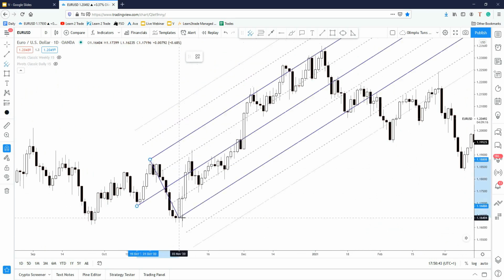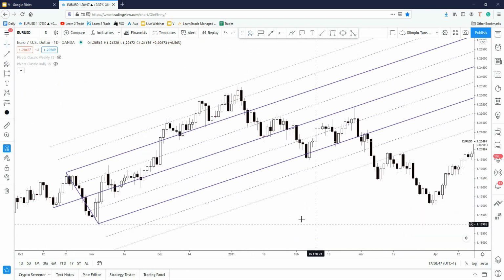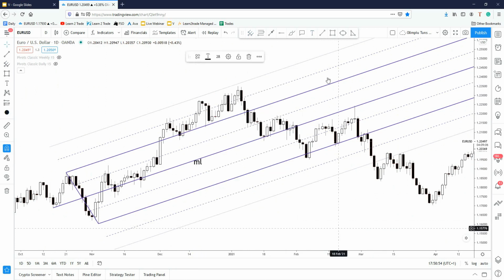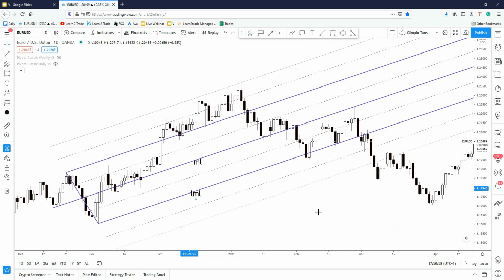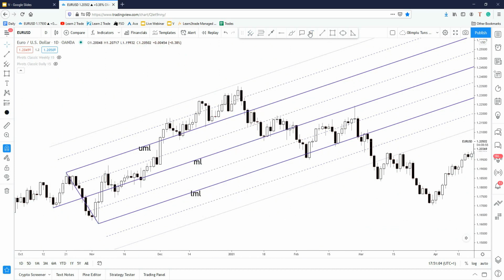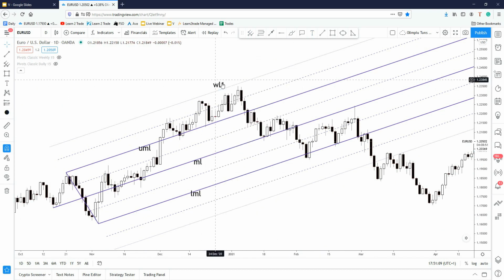Now let's draw an ascending pitchfork, and here we have the medium line, the lower medium line, the upper medium line, the upside warning line.